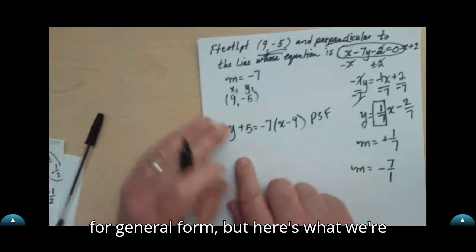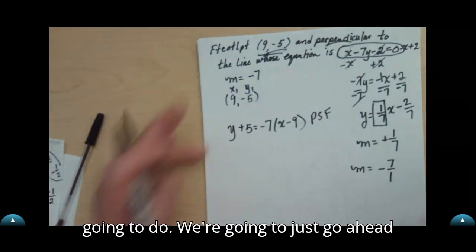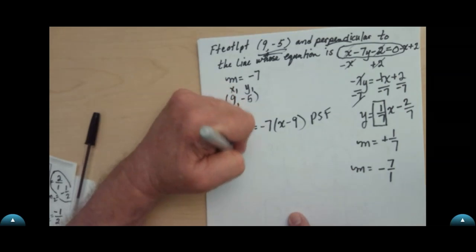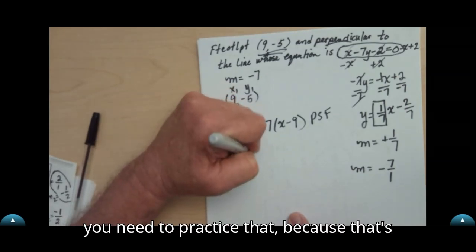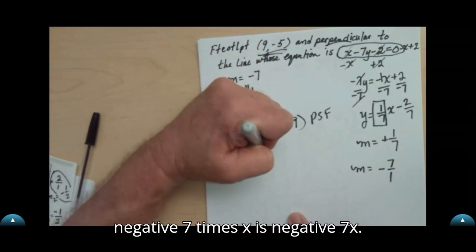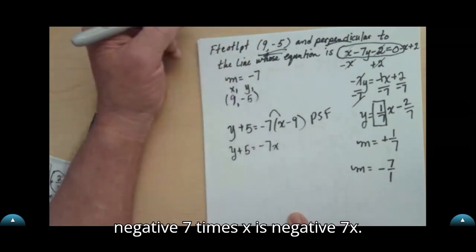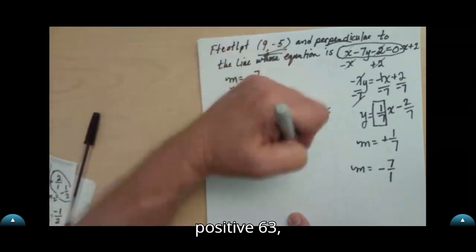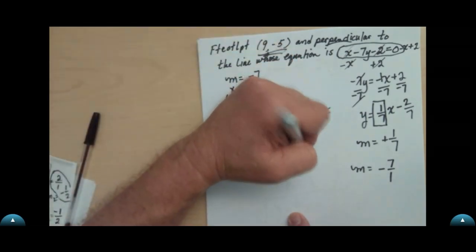Now they're asking for general form, but here's what we're going to do. We're going to go ahead and put it in slope-intercept form first, just like we've been doing, because you need to practice that, because that's what I'll ask for on the test. So -7 times x is -7x. -7 times -9 is positive 63.